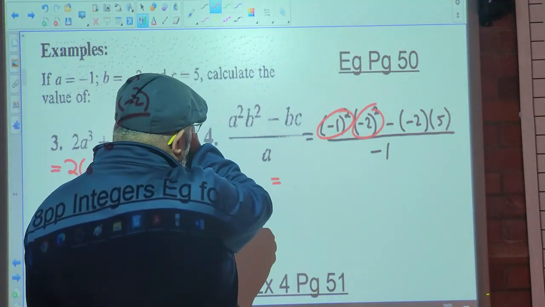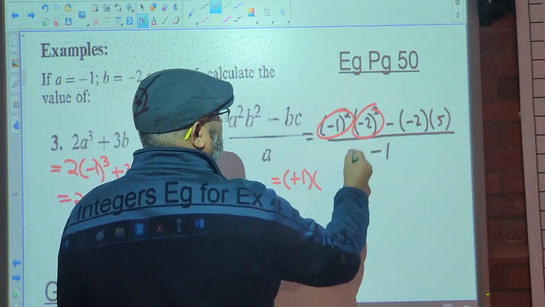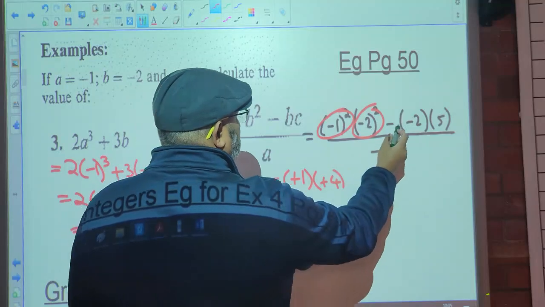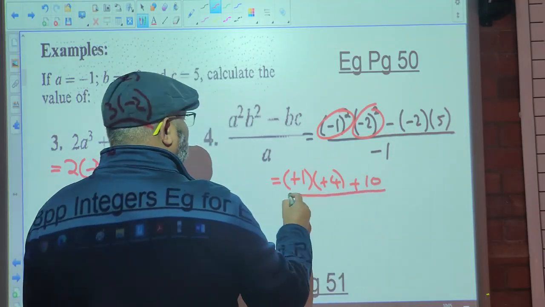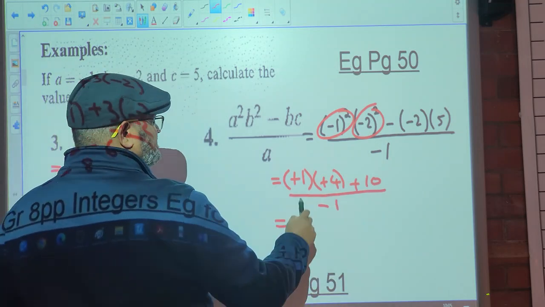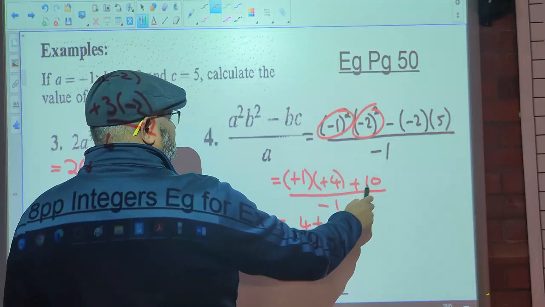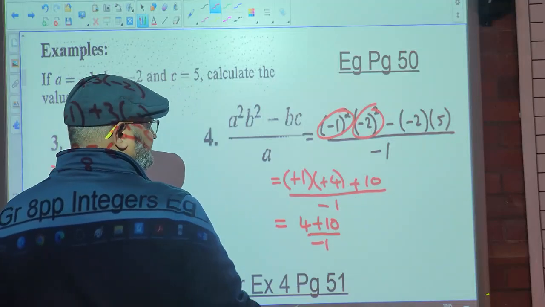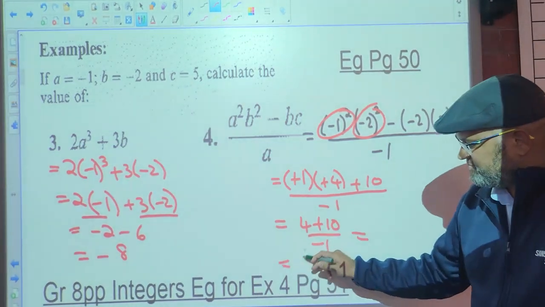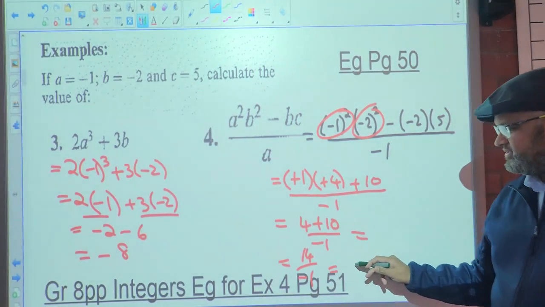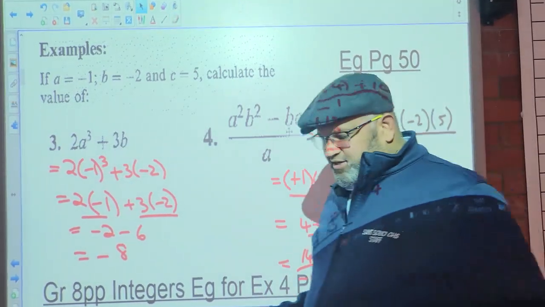So negative 1 squared is positive 1, times negative 2 squared is positive 4. What's negative times negative? What's 2 times 5? 10. All over negative 1. What's 4 times 1? 4 plus 10 over negative 1. What's 4 plus 10? 14 over negative 1, which is negative 14. So any confusion, people?